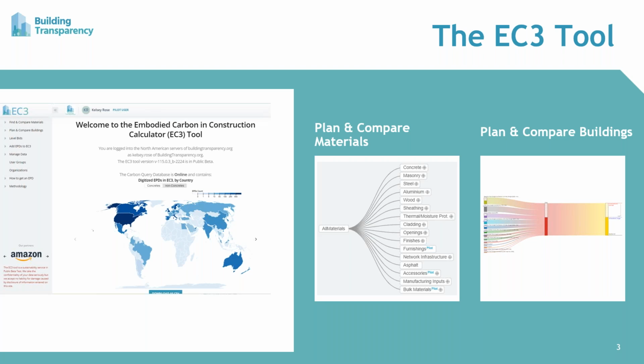Our EC3 database, combined with other key functionalities that we have, like plan and compare buildings functionality, for example, allows folks in the AEC space to estimate embodied carbon of their projects and find lower carbon material options.